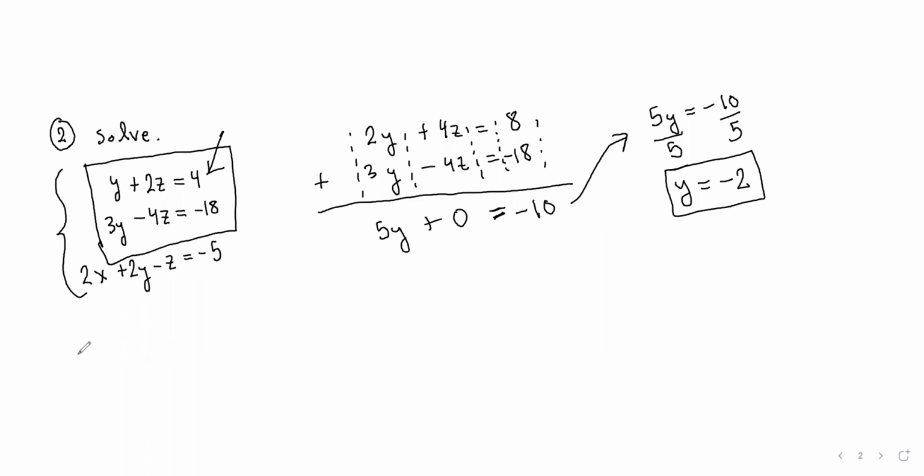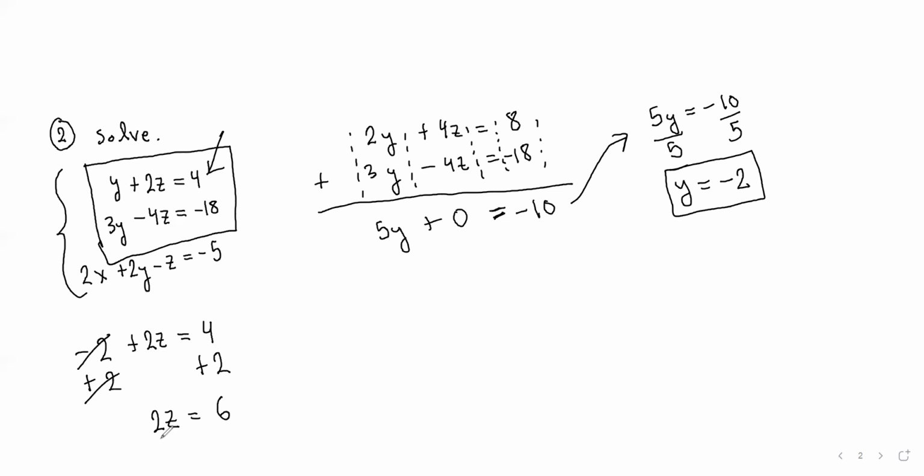So we get -2 plus 2z is equal to 4. Then we add the 2 to both sides of the equation. So these cancel, and we have 2z is equal to 4 plus 2, which is 6.